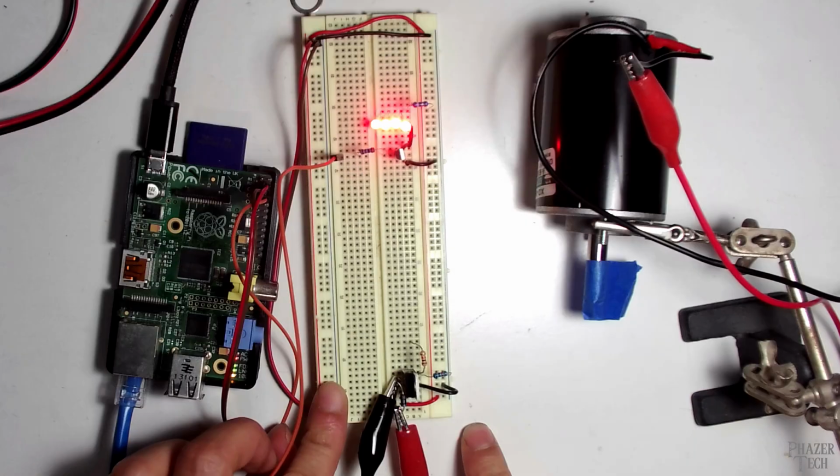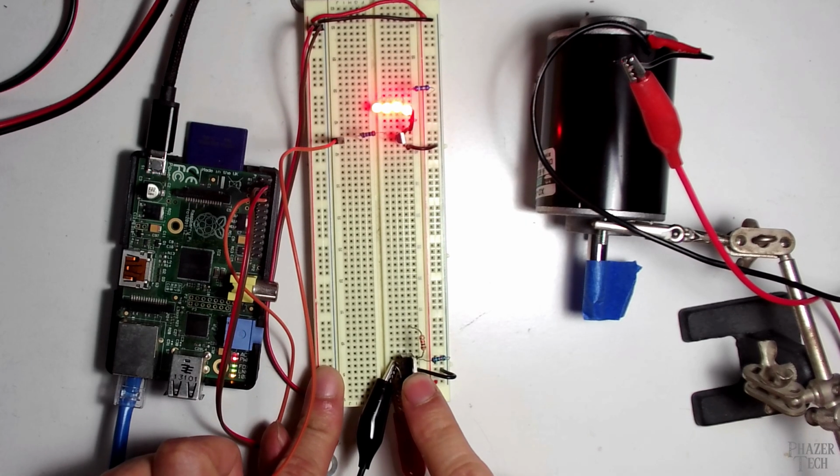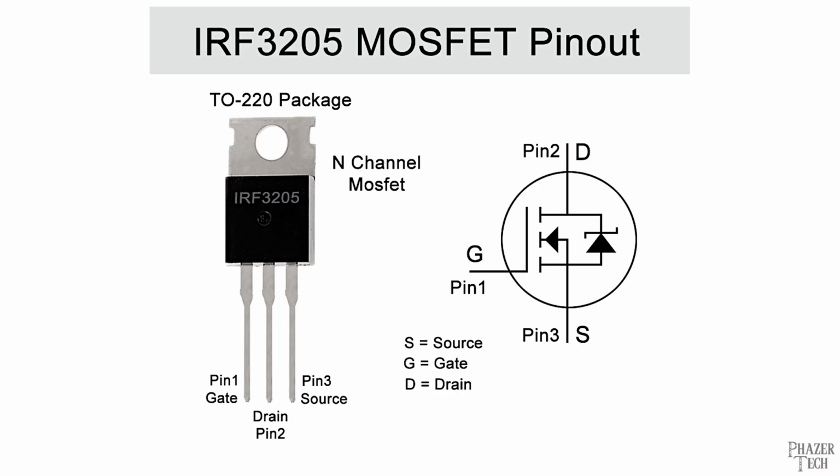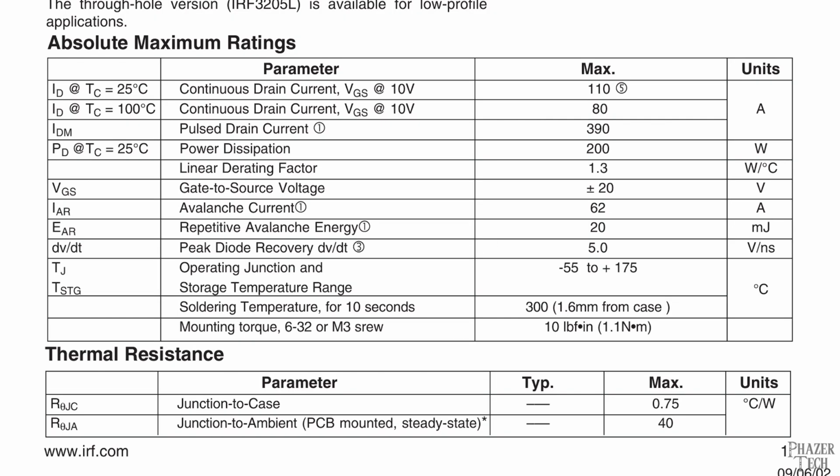So the transistor we'll be using is this one here. This is a MOSFET. The exact model is an IRF 3205, I believe. Now this is a high power MOSFET. This is the type of MOSFET you'd see in a power supply. This thing can deliver like 100 amps and up to I think something like 300 watts or 200 watts, excuse me.